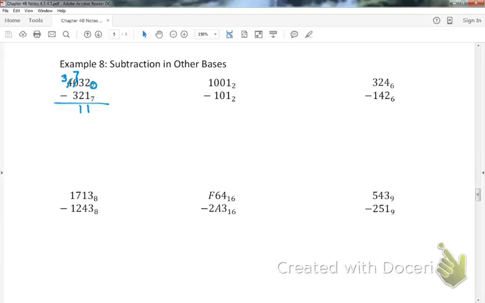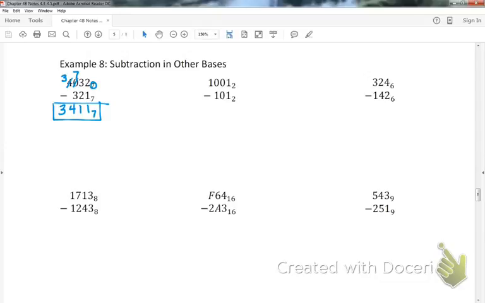So now 7 minus 3 gives me 4, and the 3 gets brought down. It doesn't have anything to subtract. So 3, 4, 1, 1 in base 7. Kind of getting the hang of it? We have to pay attention to whatever base we're working in so that we don't subtract or add the wrong thing when we're borrowing.